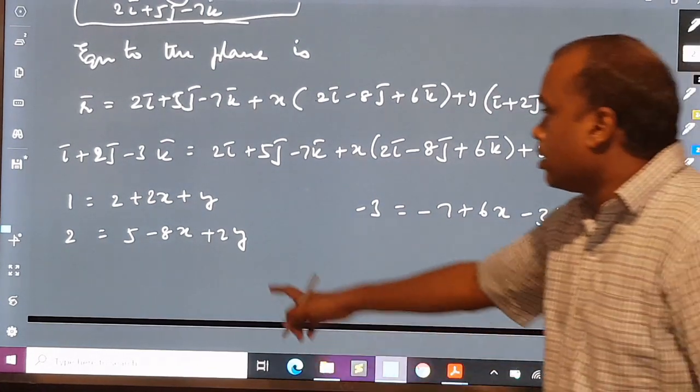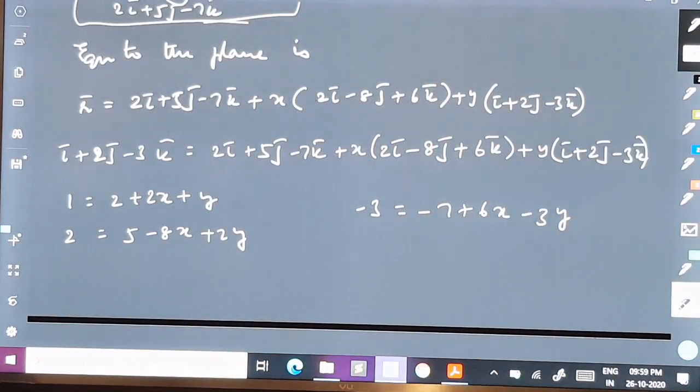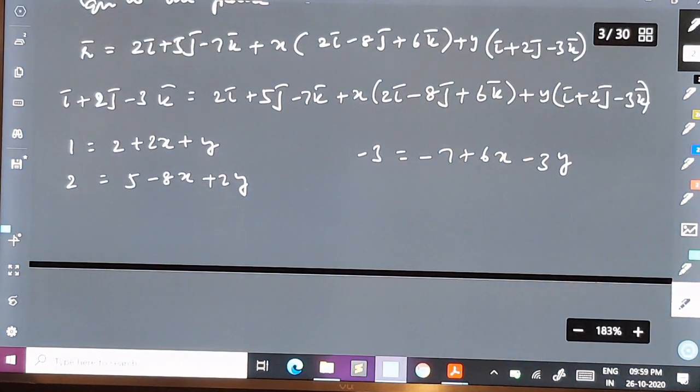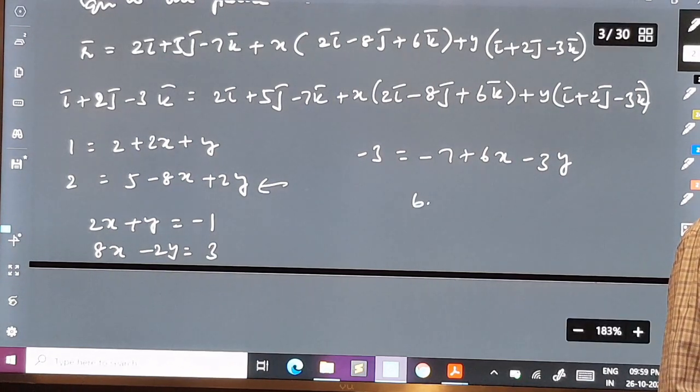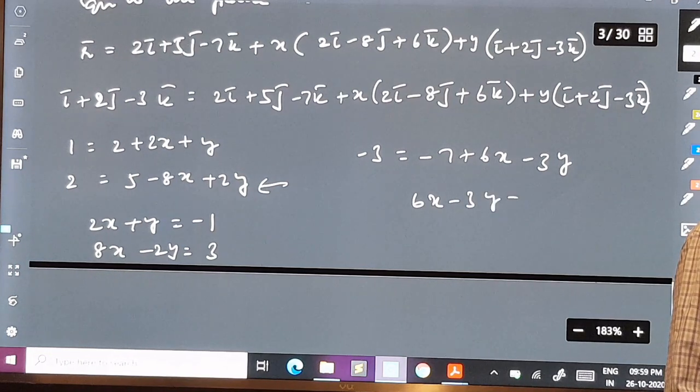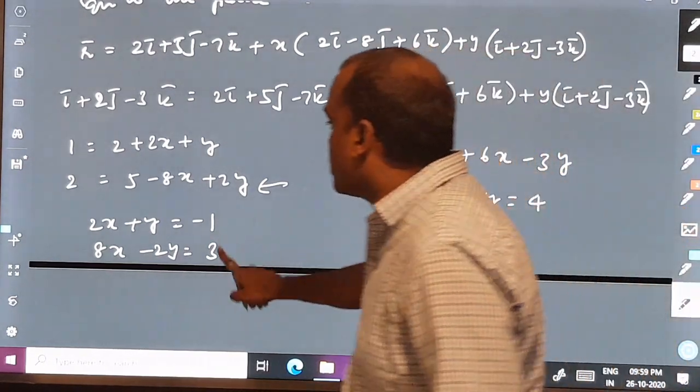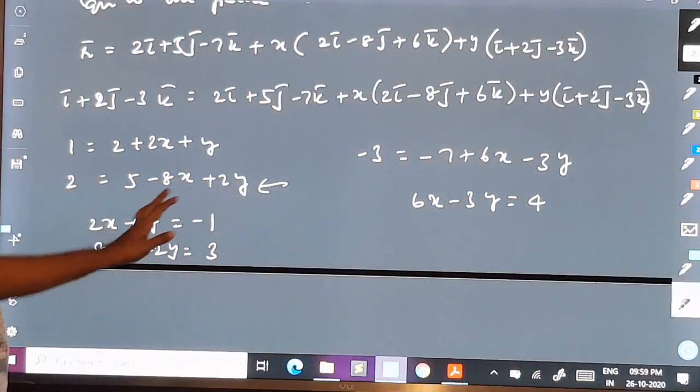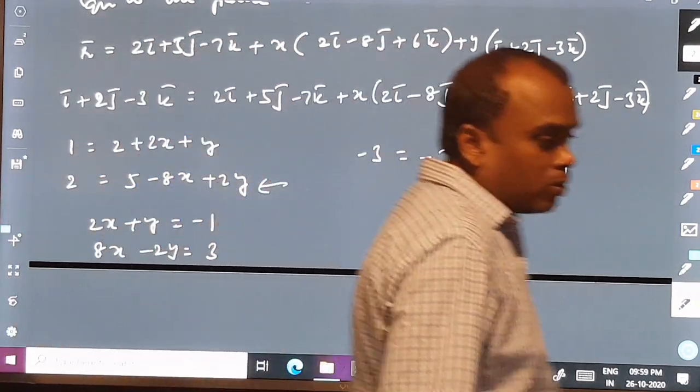So here rewriting these equations, I will have them as 2x plus y is equal to minus 1, and this equation it is 8x minus 2y is equal to 3, and over here this equation is 6x minus 3y is equal to 4. So solving these two equations, now what I do is I multiply this equation by 4.